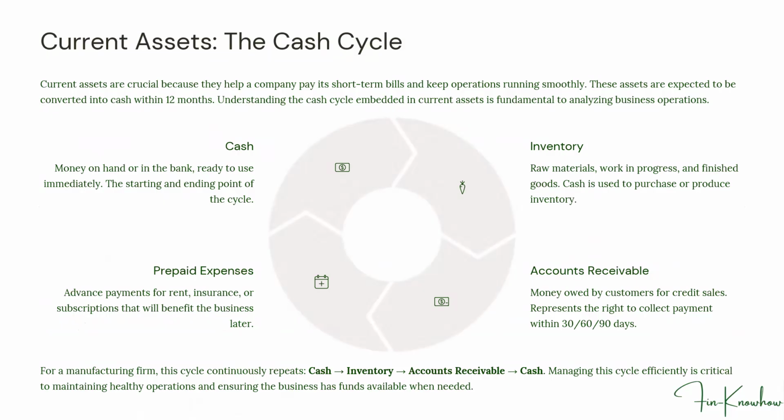Why this is important is because the company has to efficiently manage the cycle, so it always has the right amount of cash to meet its short-term obligations. If too much cash is tied up in raw materials or inventory, then the company may not have cash at hand to meet its short-term obligations, such as covering payroll.